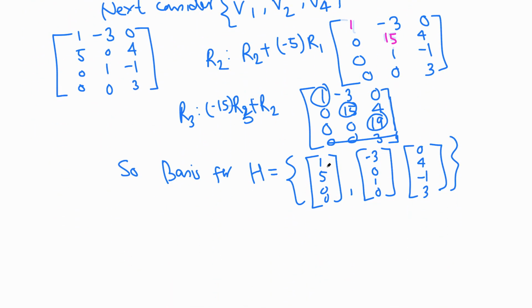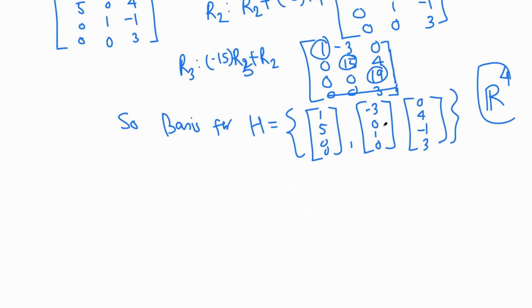As you can see, these vectors are coming from R4, so H is a subspace of R4. You don't need that, but this H is a subspace of R4. And here we got 3 elements for the basis, so the dimension of this subspace is 3, because there are 3 basis vectors.